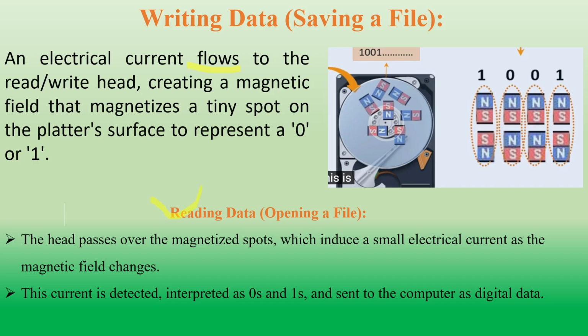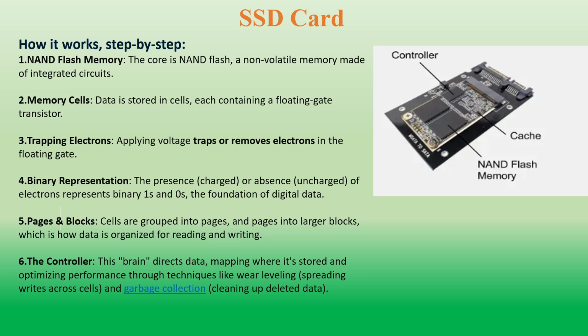Similarly, for reading the data, when the platter is moving, an induced current is generated due to the change of flux, because the crystals are magnetized and moving. This means the magnetic flux is changing, so a current is generated. This current represents the data, so the data is transferred to the computer that reads it.